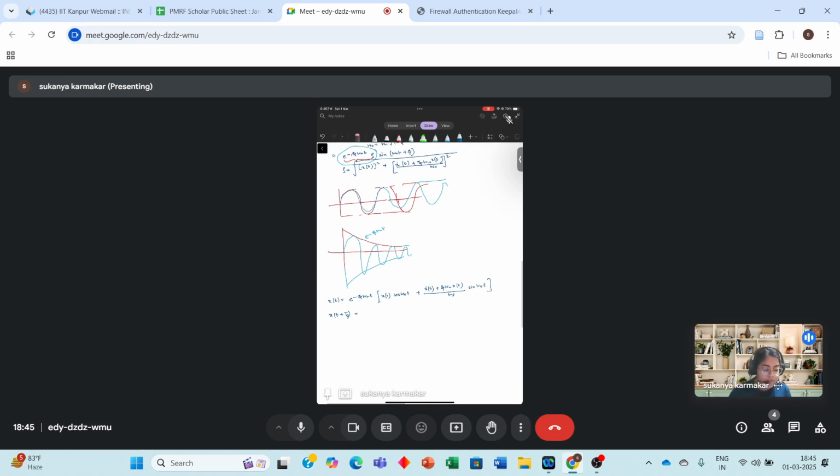In place of t, I just want you to substitute t plus td, and then we'll understand what happens. E to the power minus zeta omega n t plus td, right?